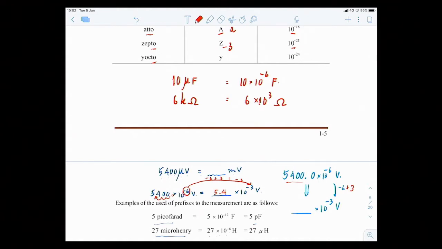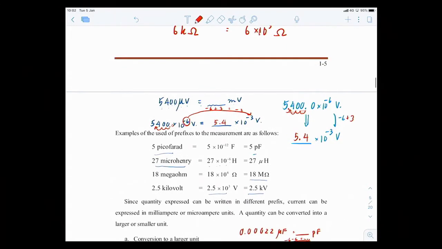So to reduce 5,400 to a smaller number, we shift the decimal point to the left 3 positions: 1, 2, 3. So the answer would be 5.4 millivolt. If you practice a lot, you can do this really fast.